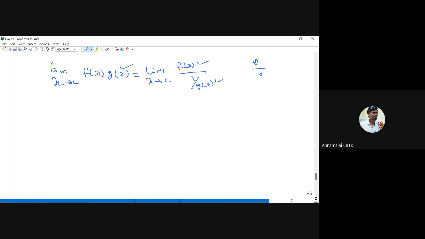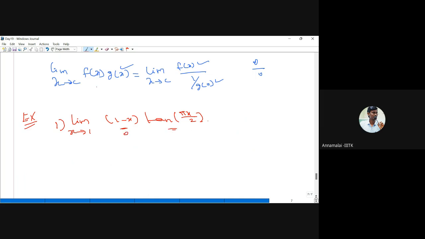For example, for this form, exercise: evaluate the limit as x goes to 1 of (1 minus x) into tan of pi x by 2. Now if x approaches 1, this goes to 0, and this is tan pi by 2.